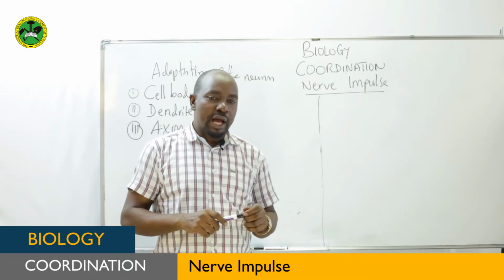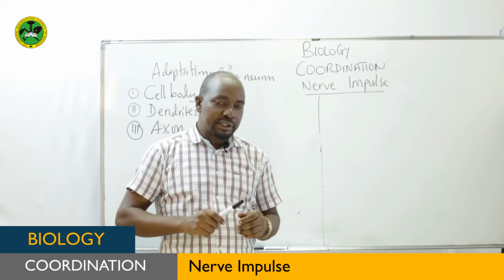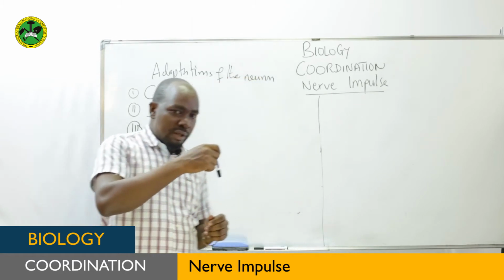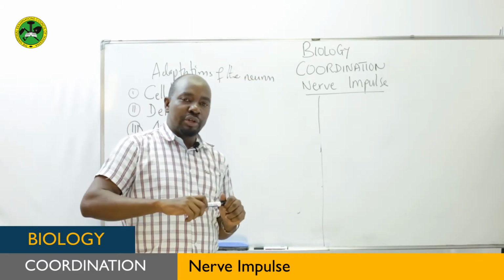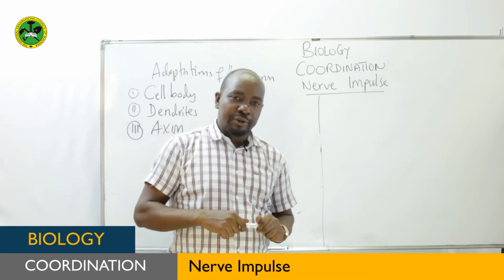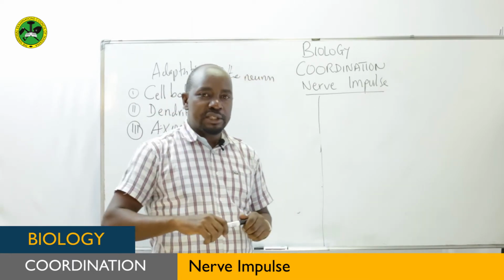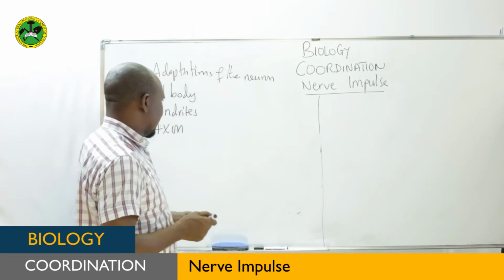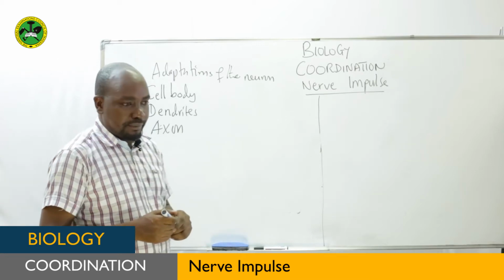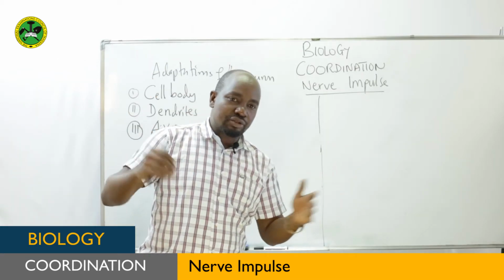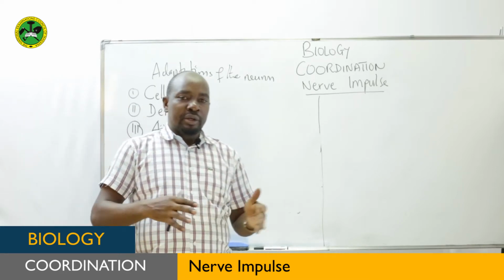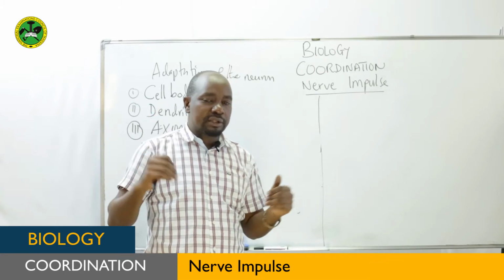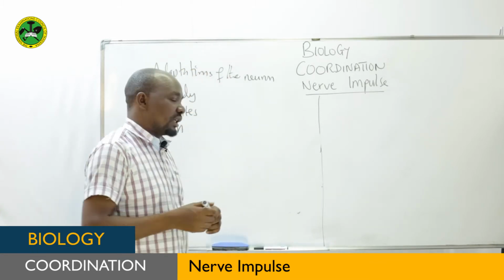The major function of the axon is to conduct or transmit nerve impulses away from the cell body to the effector, or to the central nervous system, or to another neuron. That is the third feature. So the longer the axon and the larger its diameter, the more efficient the transmission.